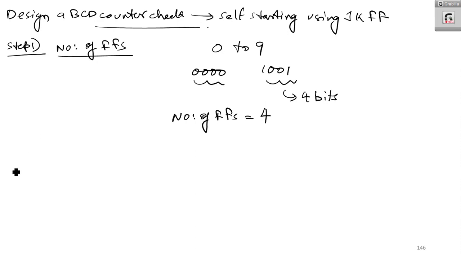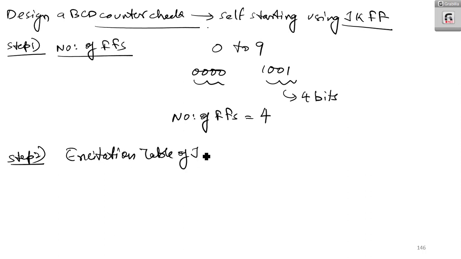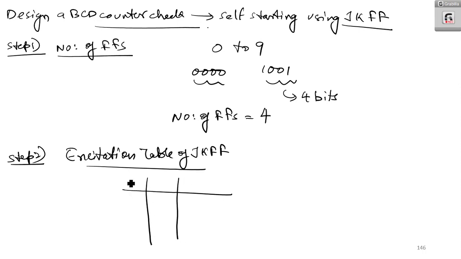That is step 1. Now step 2 is, in the question it is asked that you need to use JK flip-flop. Therefore, you should draw the excitation table of JK flip-flop. So you should draw the present state and next state.